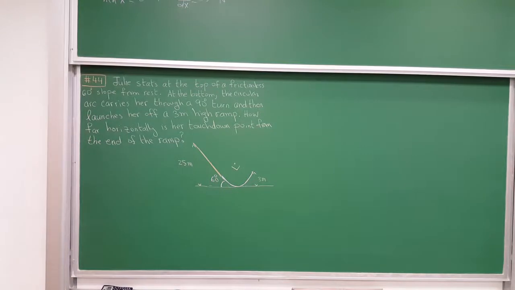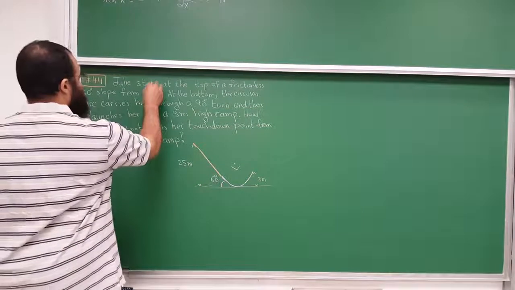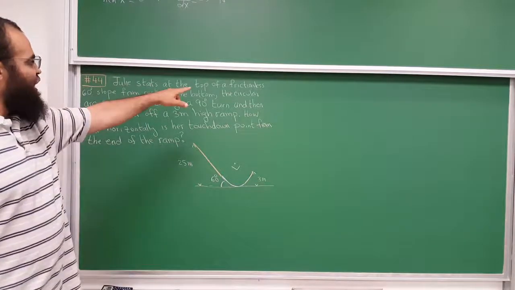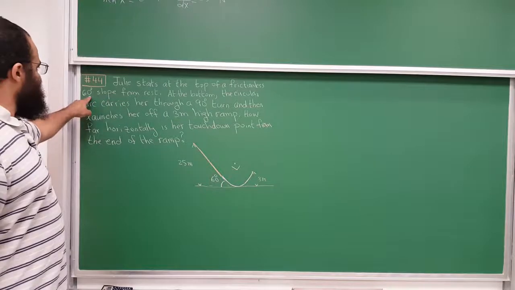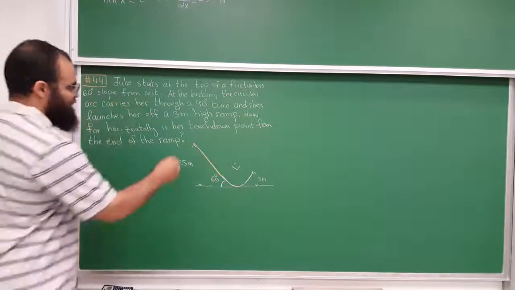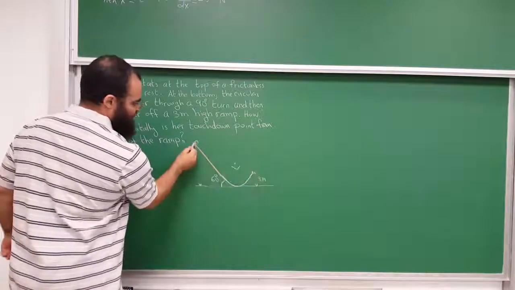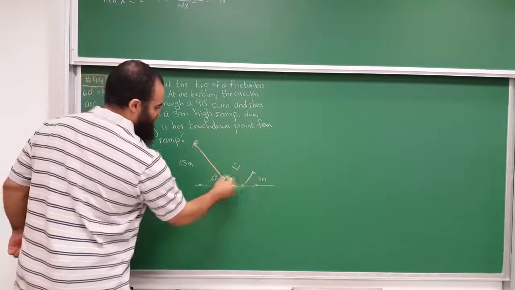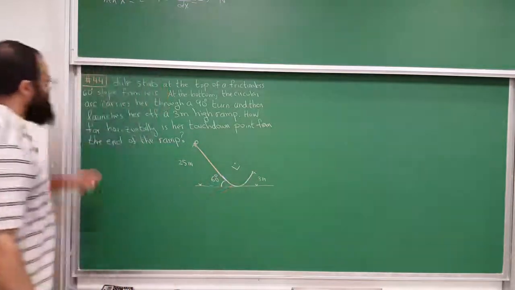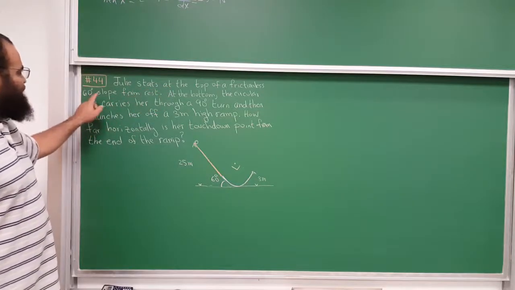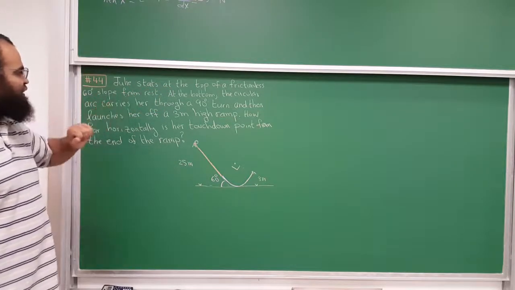So let's read it together. It says Julie starts, not stats, starts. Julie starts at the top of a frictionless 60-degree slope from rest. So Julie is here. It's frictionless. So at first it's like a straight incline, and then it curves. It becomes like a part of a circle.